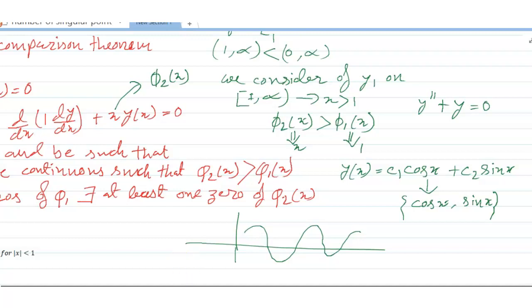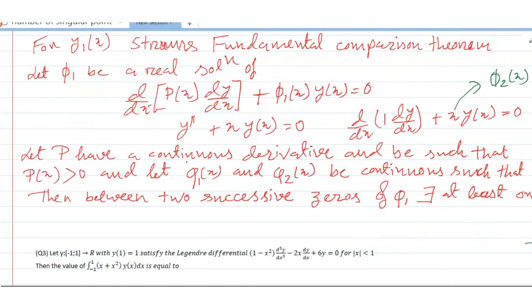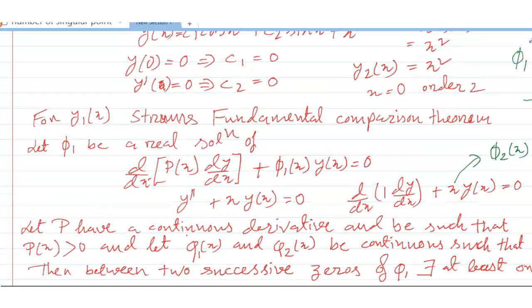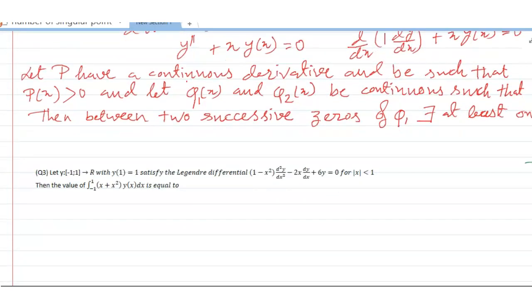So our zeros are infinite because phi 1(x) zeros are infinite. So y1(x) has infinitely many zeros. Now we will go to discuss the next problem.